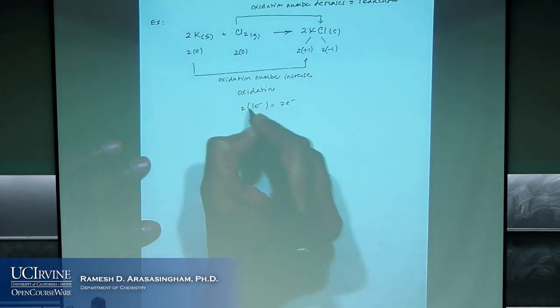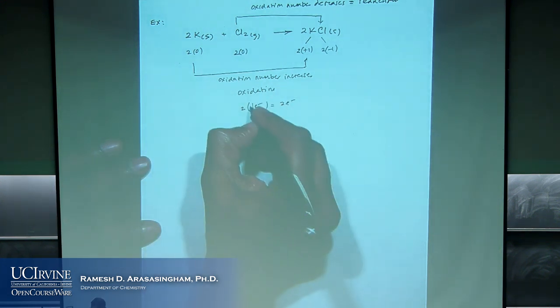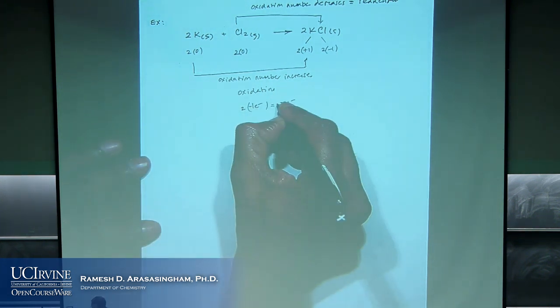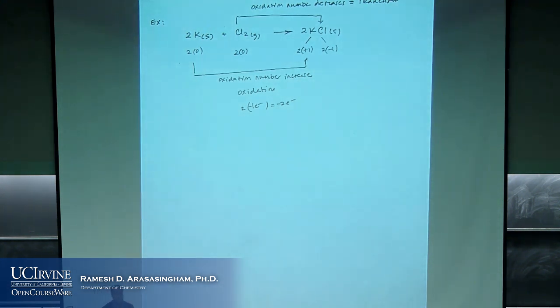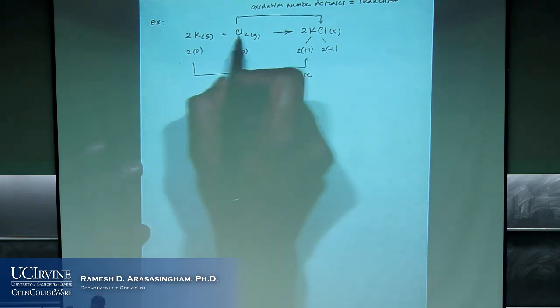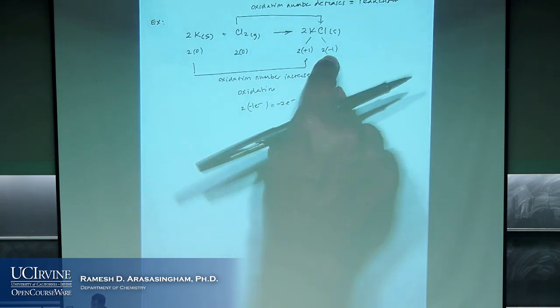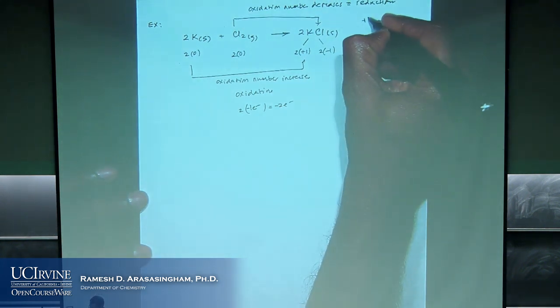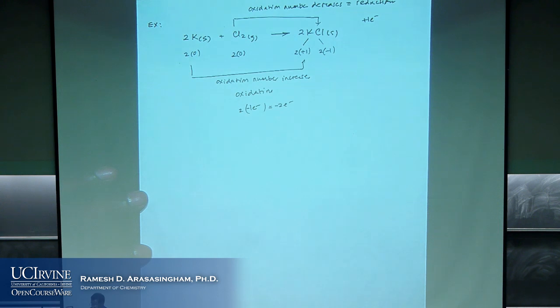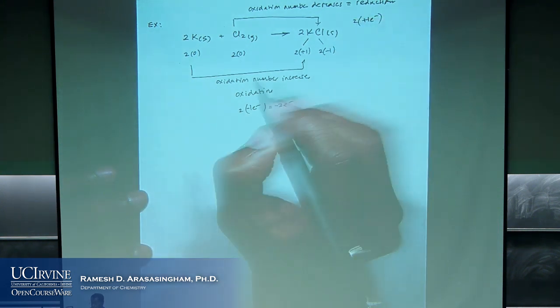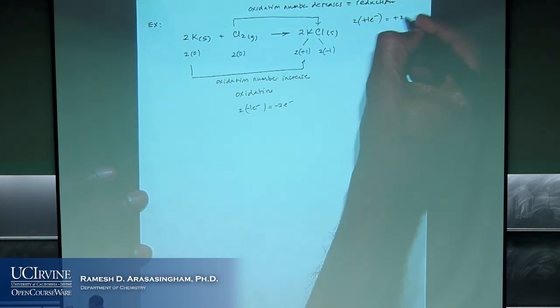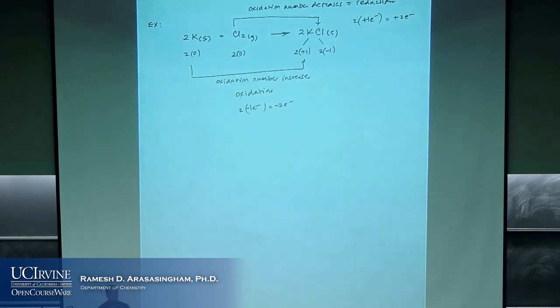Since electrons were being lost for potassium, I put a negative sign there. A negative sign means electrons are lost. Positive signs mean electrons are being gained. So each chlorine atom goes from 0 to -1, a net change of 1, so I'm going to say 1 electron. But since there are 2 atoms involved, altogether 2 electrons are being gained.